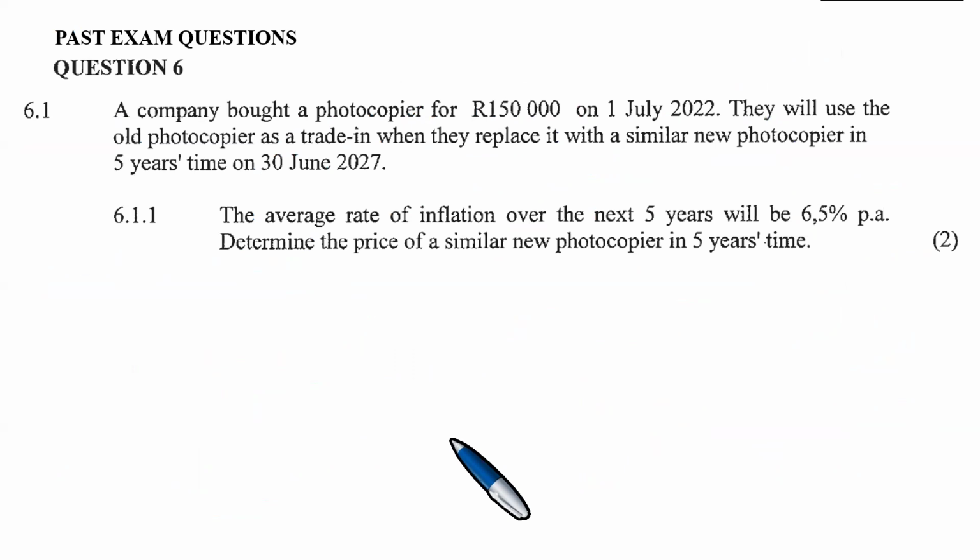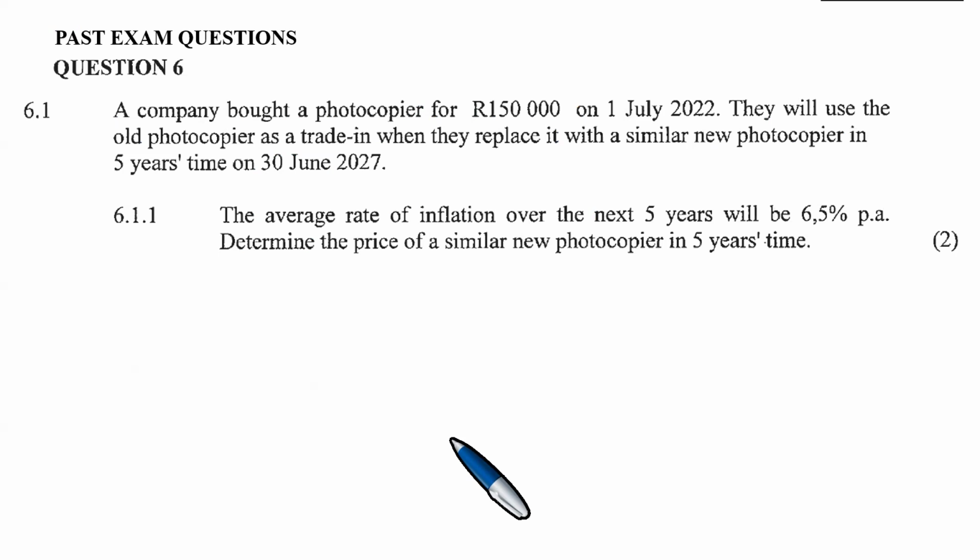Here we have a collection of past exam questions, but there are so many, and we're interested in making sure that we practice. Let's start with something easy. A company bought a photocopier for 150,000 on 1 July 2022.